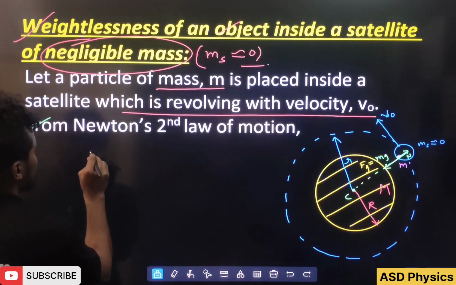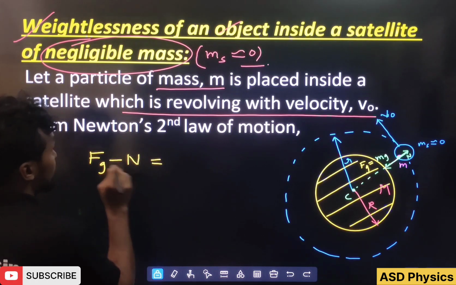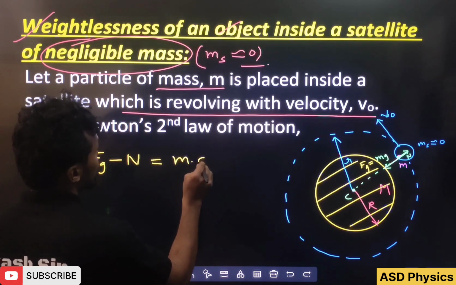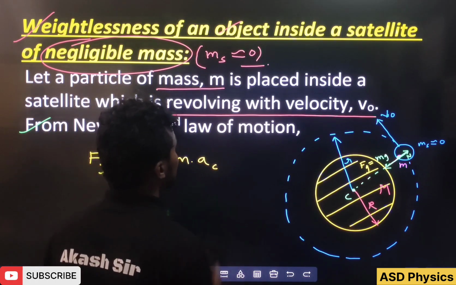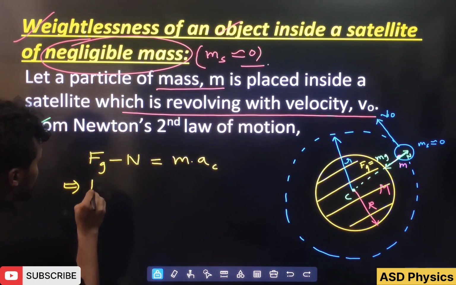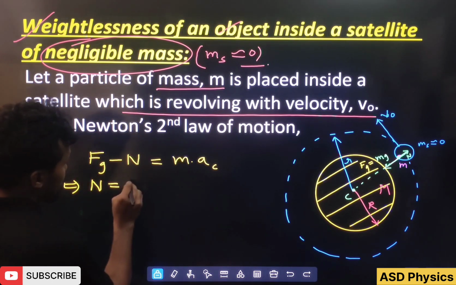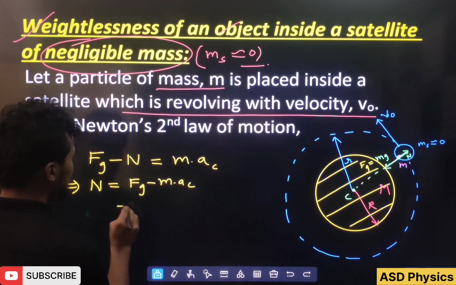So the net force is Fg minus normal reaction. This net force will be equal to mass into acceleration, the centripetal acceleration. If I write the normal reaction, it will come as Fg minus mac. Very easy going we are.